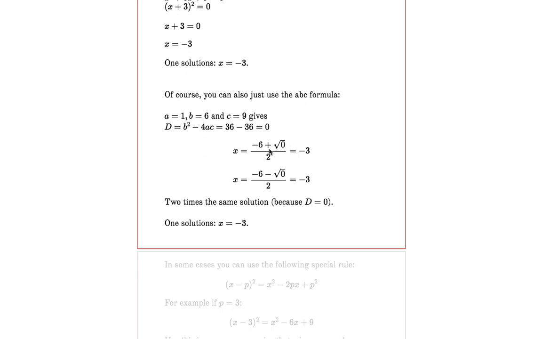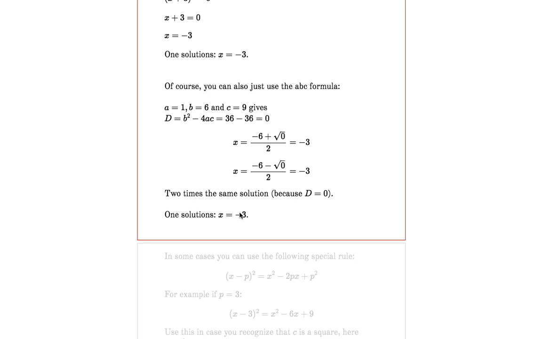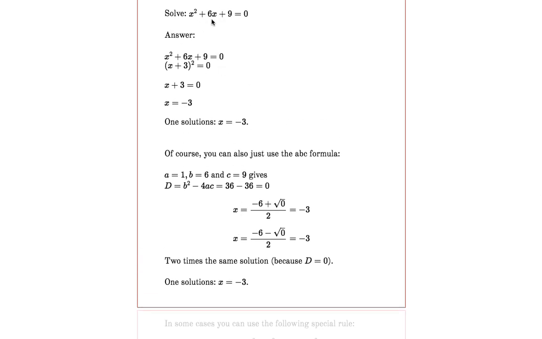So we only get one solution, because we get minus 6 plus 0 divided by 2 times 1, which is minus 3. Minus 6 minus the square root of 0 is also minus 3. Two times the same solution because the discriminant is 0. One solution, x is minus 3. So both methods give the same answer, of course.